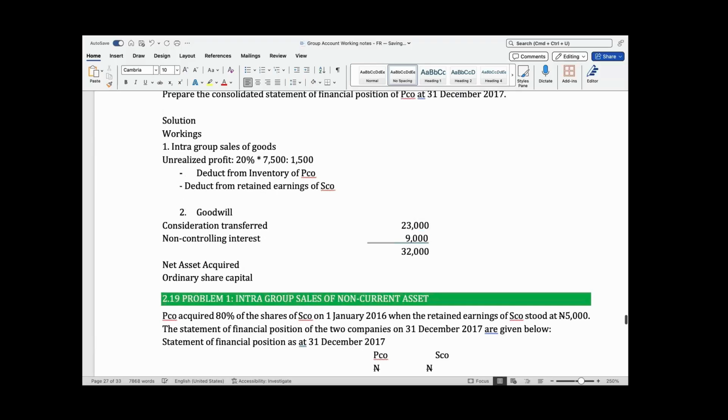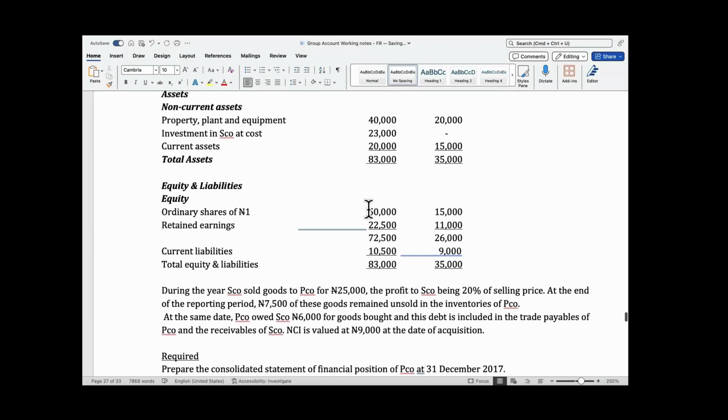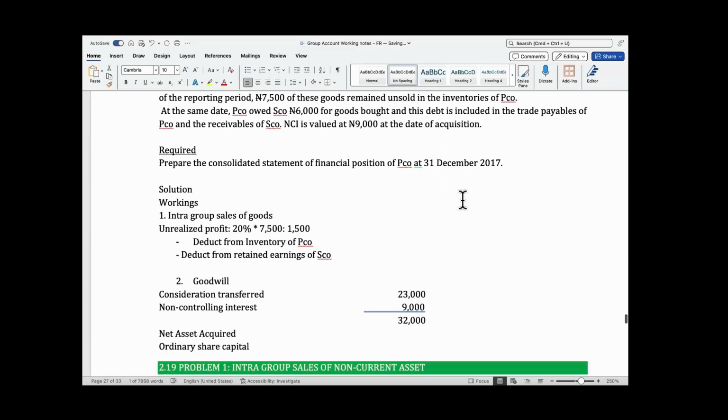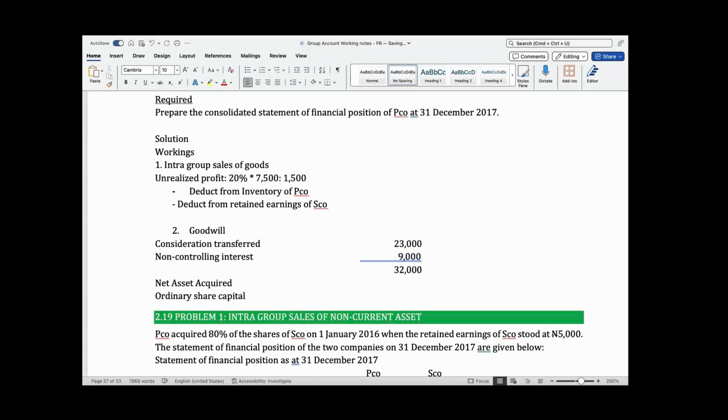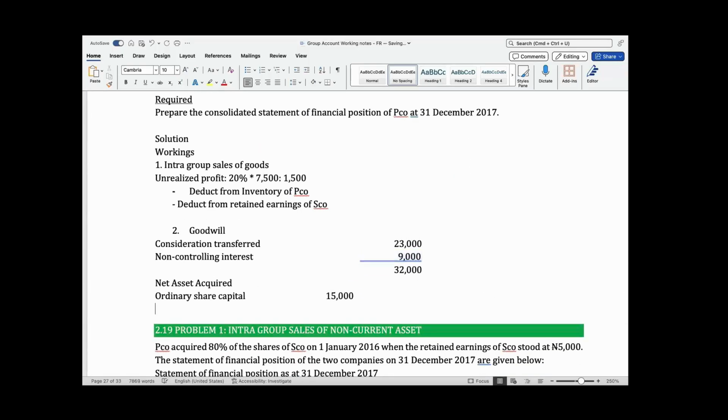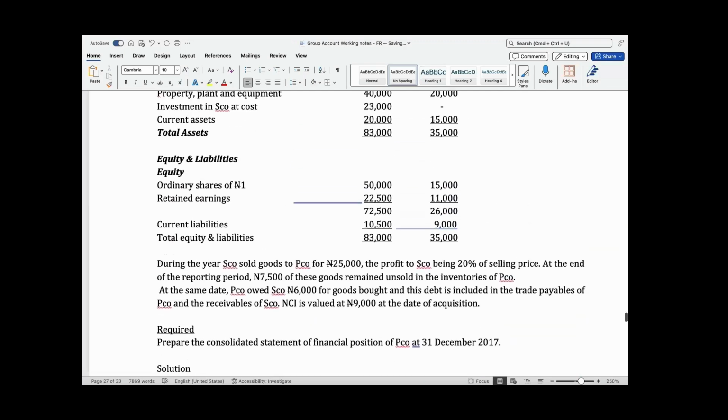What was my ordinary share capital? 15,000. What was the pre-acquisition retained earnings? 5,000. Okay.